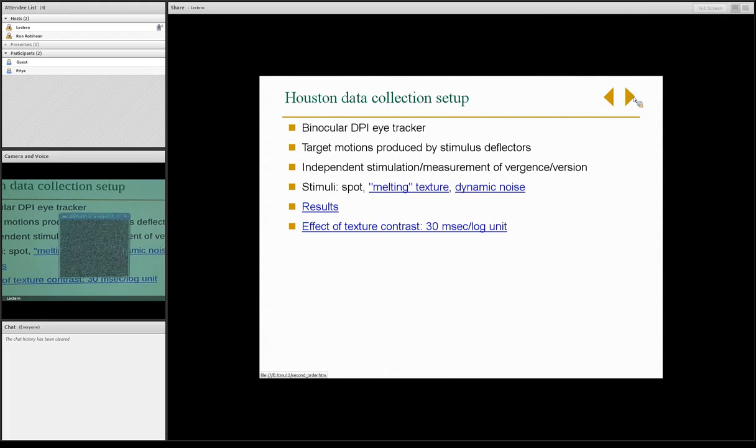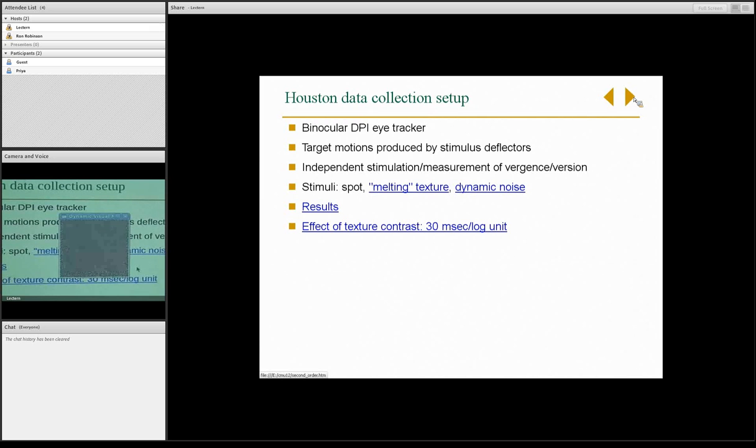Another stimulus that we've used is what we call dynamic noise. This is like a new noise frame every field, every frame of the movie. So if we were to take one of the frames of the movie and move it, you wouldn't really notice, because every frame is the same. I mean, it's noise.